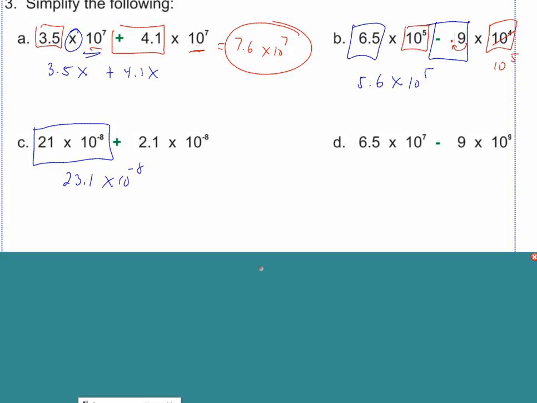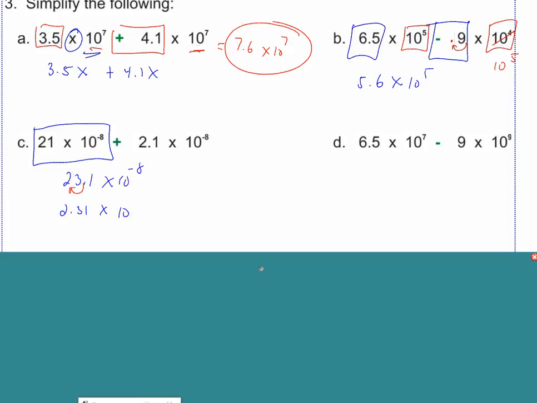No, because we have to put the final answer in proper scientific notation. Proper scientific notation, the first digit is always from 1 to 9. Always. Even if it's negative, again, it would be -1 to -9. It's got to be between 1 and 9, that first digit, and we got a 23. So hopefully you would agree we've got to move this decimal point one place to the left. And we need to have 2.31.